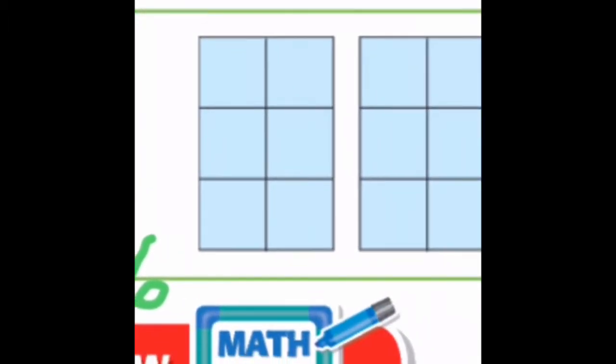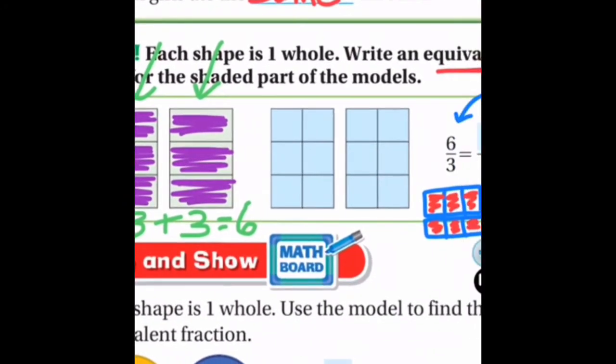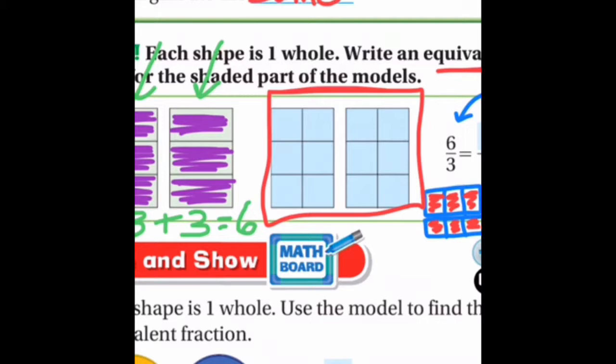Each one of these is divided into thirds, and that one's divided into thirds. I've shaded in 3 of these and 3 of these, so now I have 6 shaded in. That's 6/3 then. Okay, we need to find the equivalent fraction of 6/3 in these 2 models.